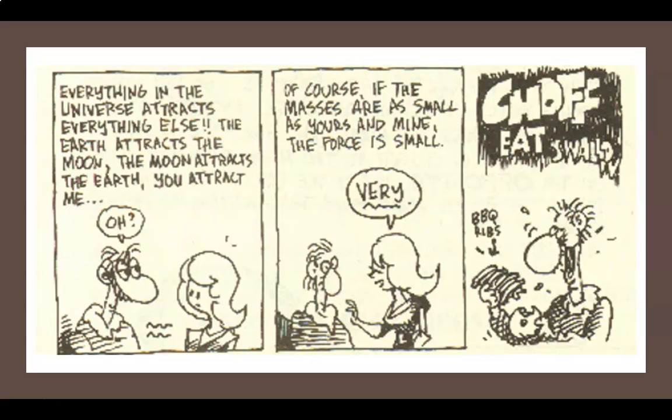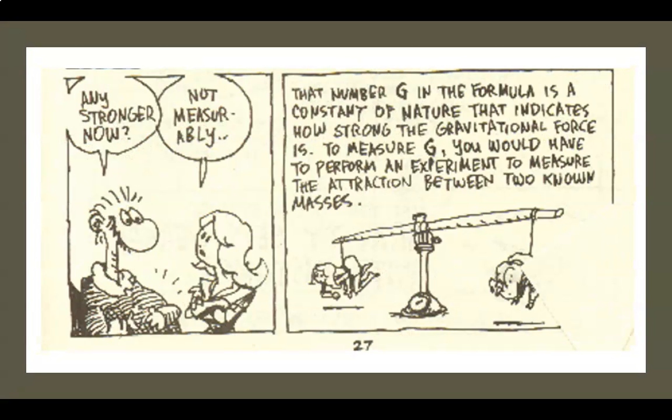So the guy eats and eats and eats, and gets really fat, and he says, "Any stronger now?" And the girl says, "Well, it's not measurably different. Even though you weigh 50 kilos more, reality is it's not very different."